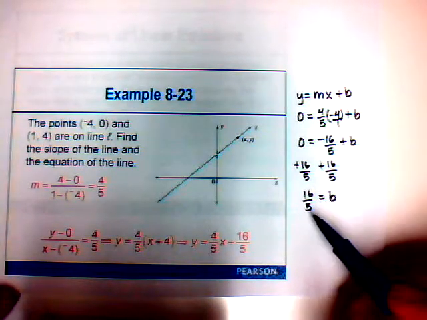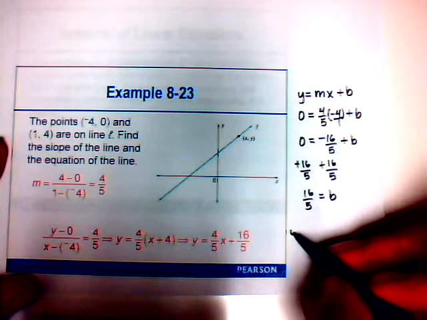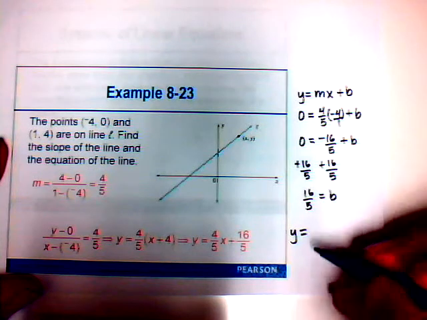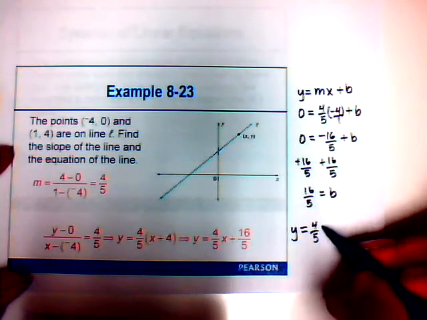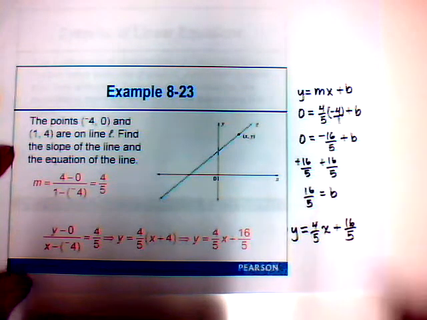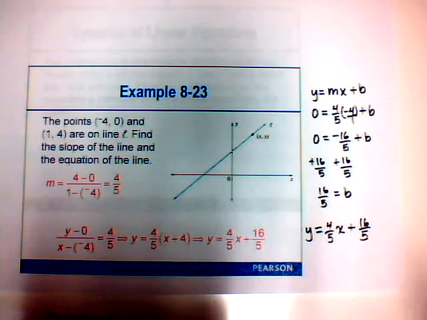Now I know what the y-intercept is. I already know what the slope is, so we'll just replace those 2 values in our slope-intercept form. y is equal to mx plus b. So now you have y is equal to m, which is your slope, that's 4/5 x plus 16/5, which is exactly what they have here.